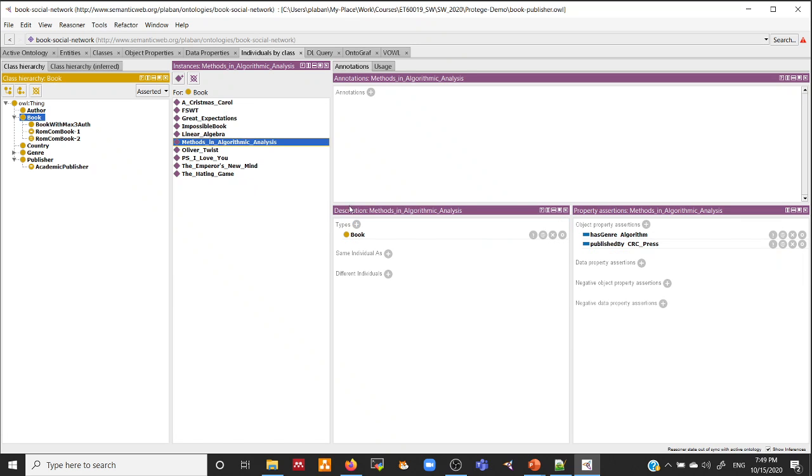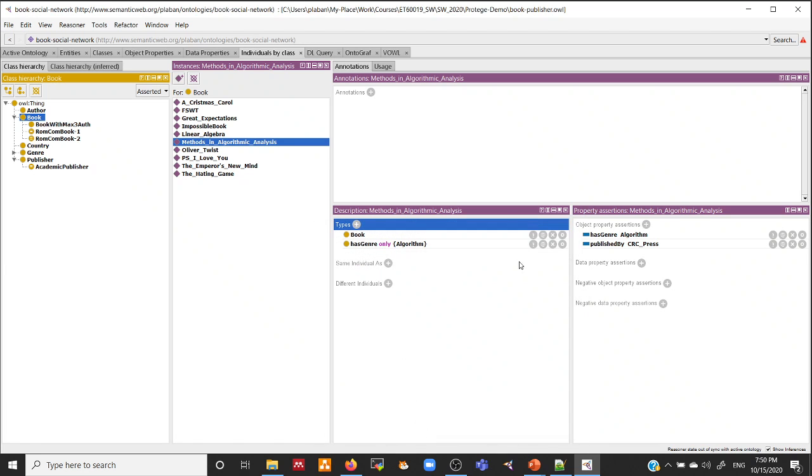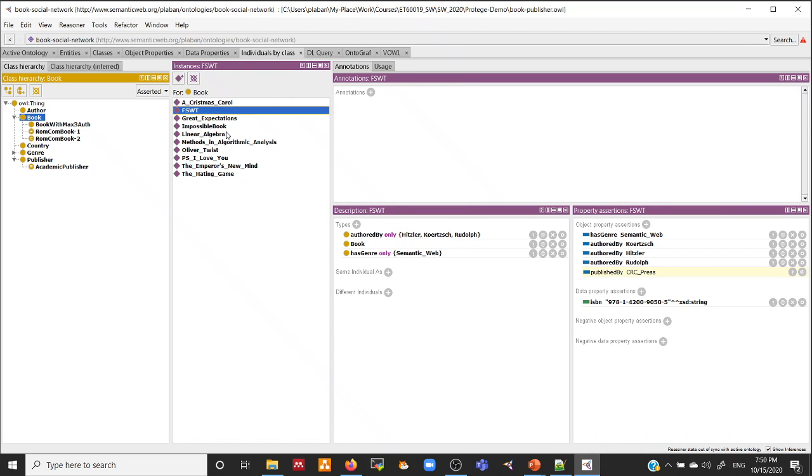Now let us do the same for methods in algorithm analysis. So we'll be adding here has genre only the algorithm, right? So you have closed the kind of value it can take, right? So it has got only one genre, which is algorithm, and FSWT has got only one genre, which is semantic web, right? Now we need to close the publisher, right?